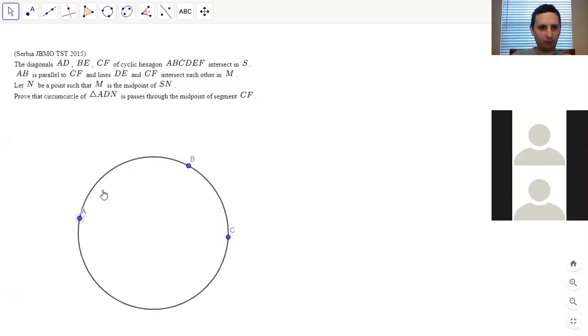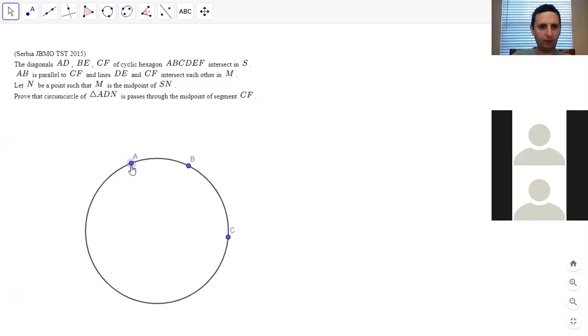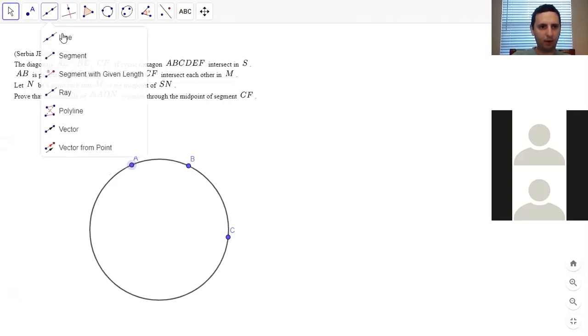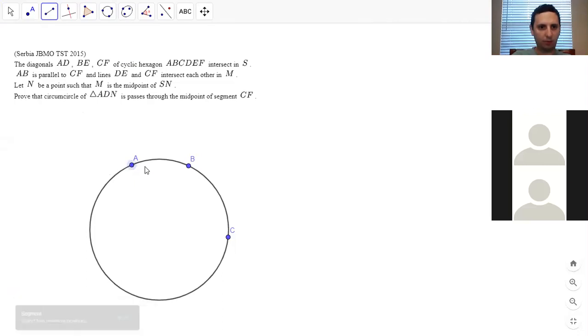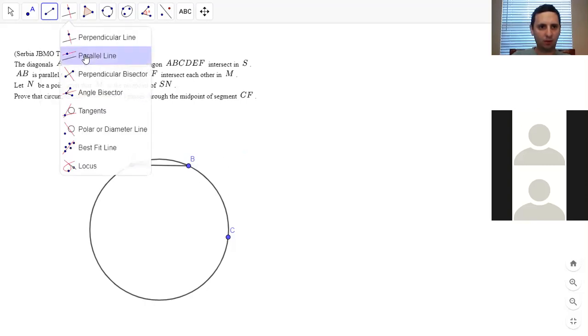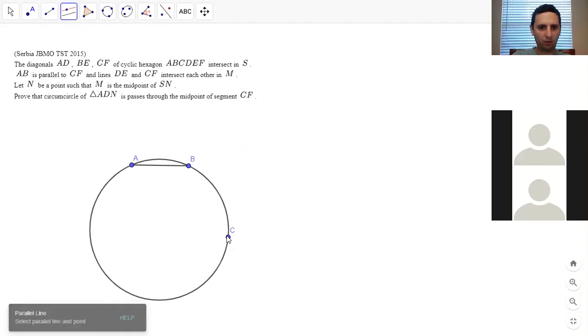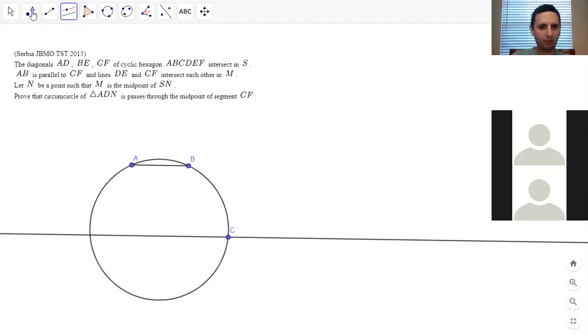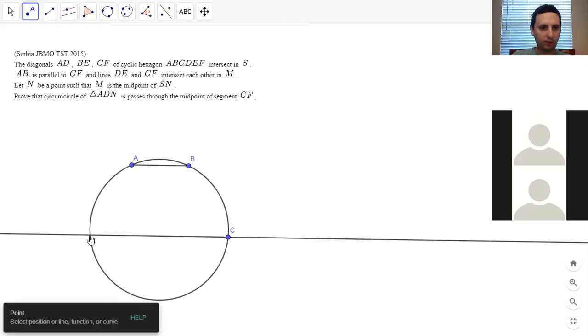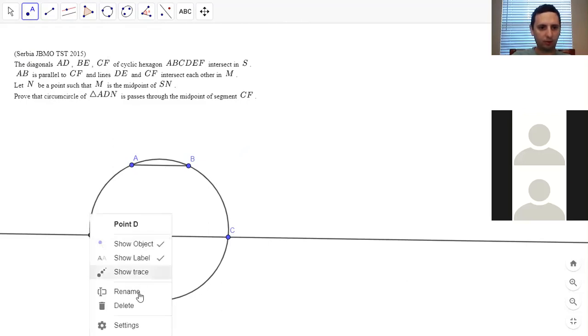What we could do is first start out by drawing AB, and then draw the parallel through C to AB. And this will be point F. And then D and E will be 2 of the other points.